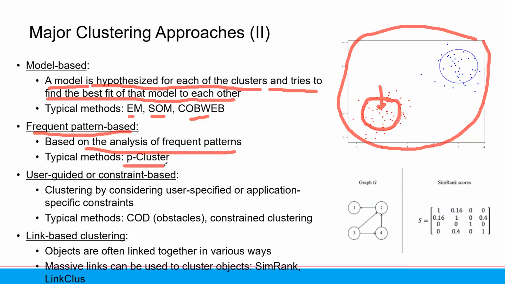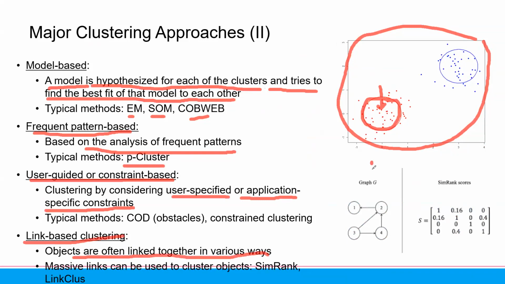User-guided or constraint-based, I already explained: we can make constraints on whether they can link or cannot link, which are user-specified or application-specific. Link-based clustering: objects are often linked together in various ways.